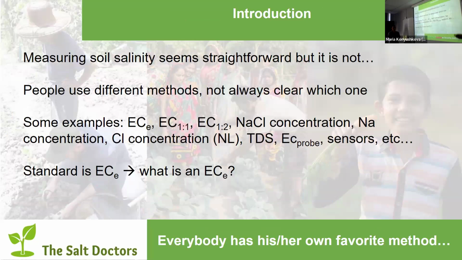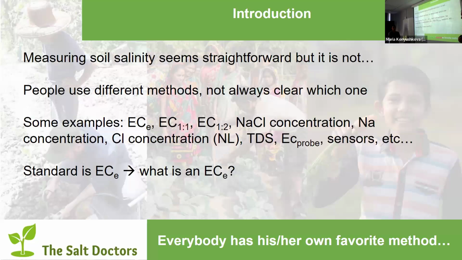So the essence is that measuring soil salinity seems straightforward, but it isn't necessarily. People use different methods, and they don't always report which method they used. Also, as Maria has talked about, and it will soon be published by the FAO, the INSAS, even countries have different traditions in how to report soil salinity.